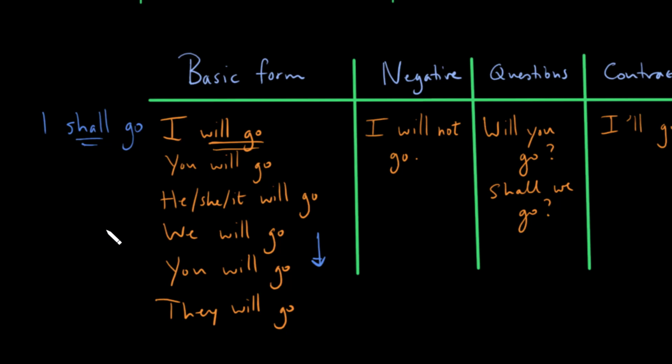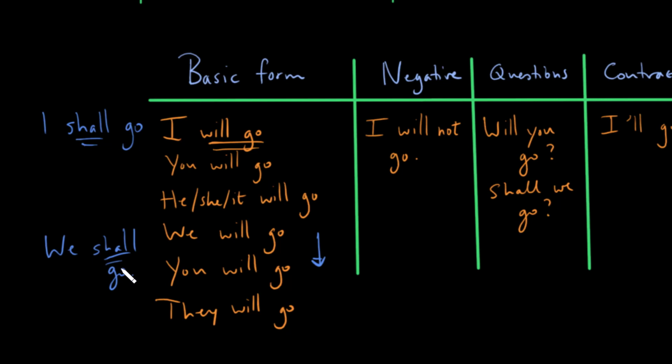It's really on the wane in North America. And even in British English, shall tends to be used to create the future just in the first person. So you would say, I shall go, and then the plural first person is we shall go. And then beyond that, we don't tend to create the future with shall.